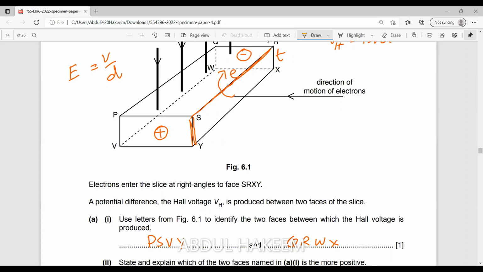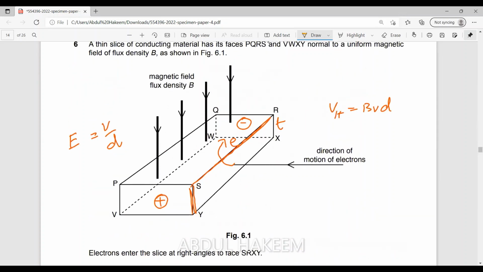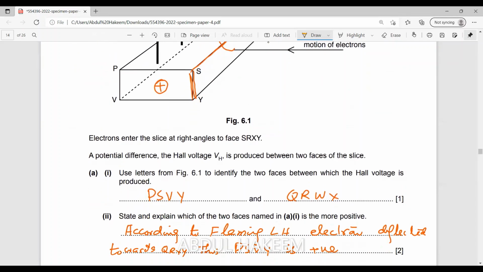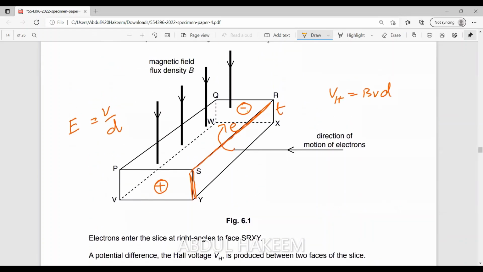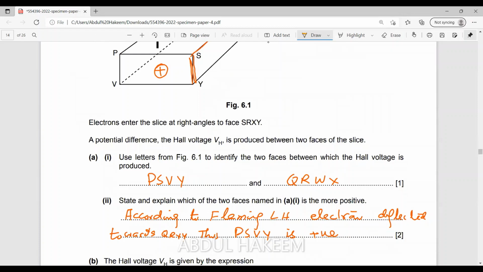Use the letters. Definitely the electron, according to Fleming's left-hand rule, is deflected in this direction. So this side becomes negative and this side becomes positive. So these two faces will produce the voltage. So we will write PSVY and the other QRXW.